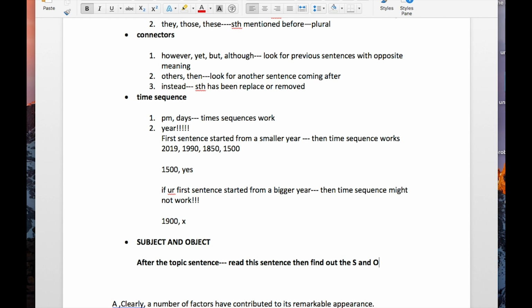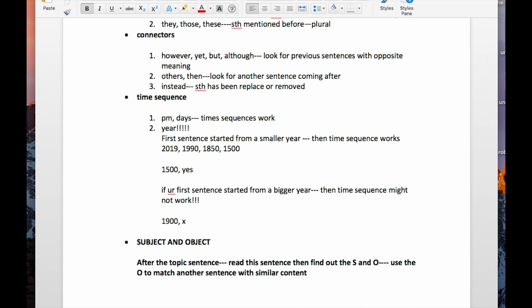Then we use the object to match another sentence with similar content. Under this case, using your subject and object helps you find connections easily with the other parts.